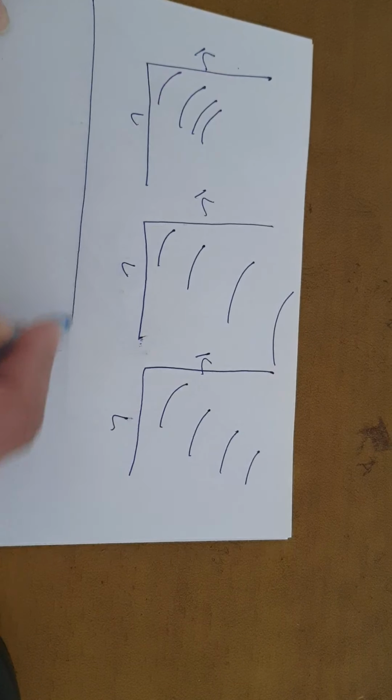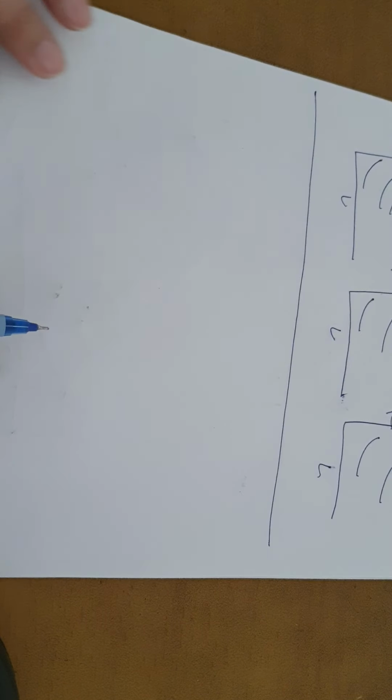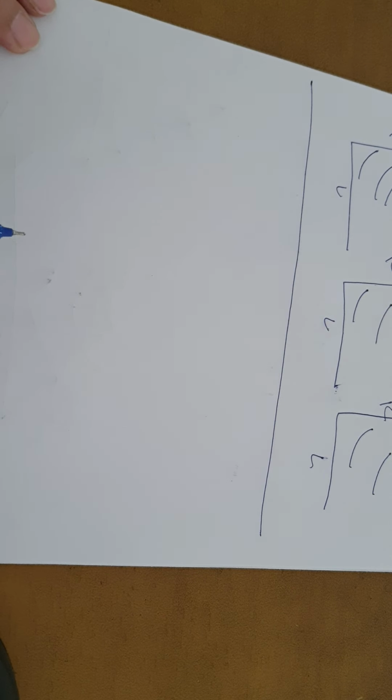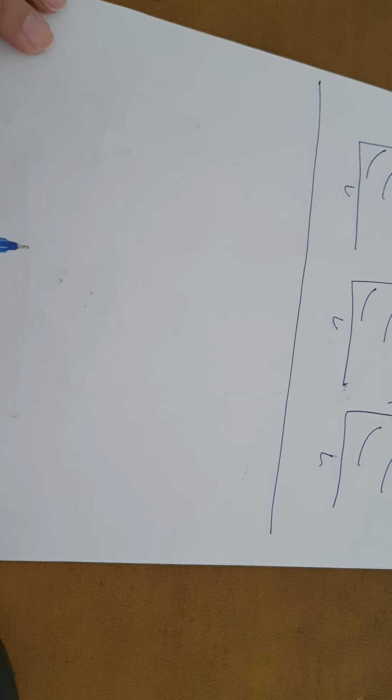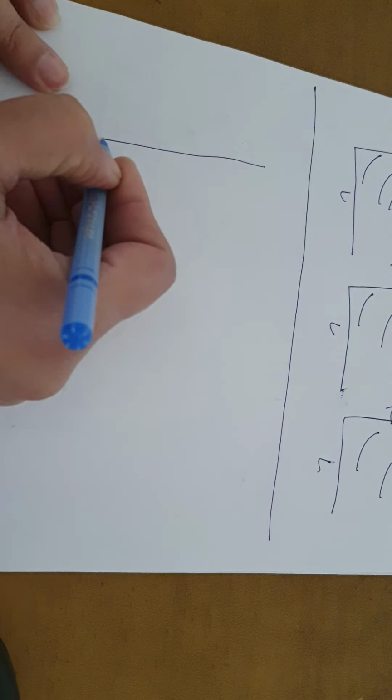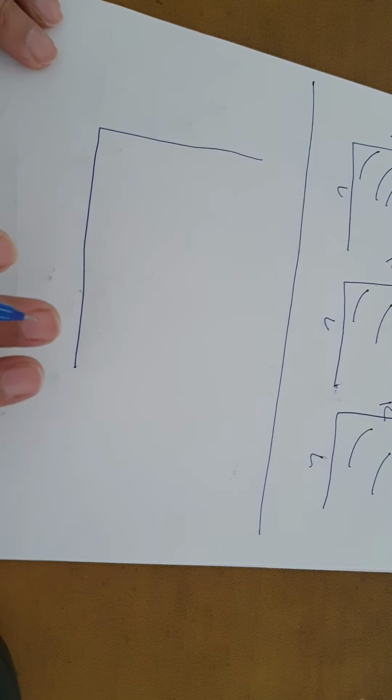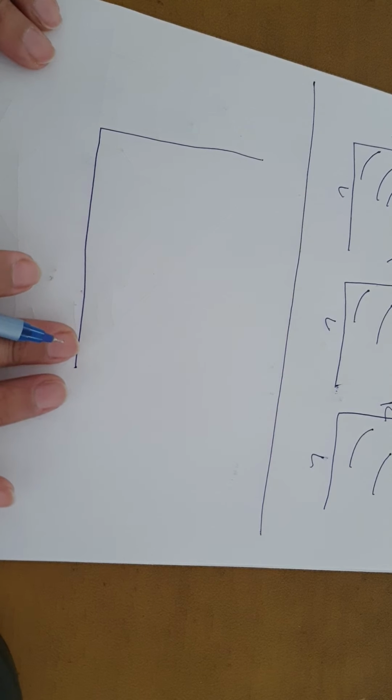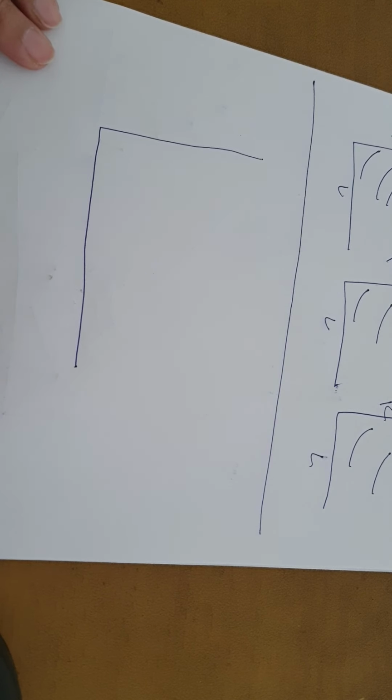Now, we will talk about the expansion path. What is the expansion path? You can say that the expansion path is a line which is joining all the optimal input combinations for producing different levels of output.